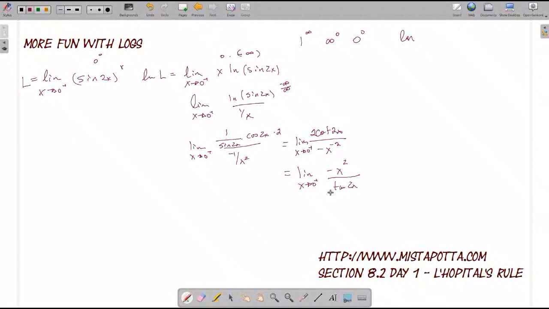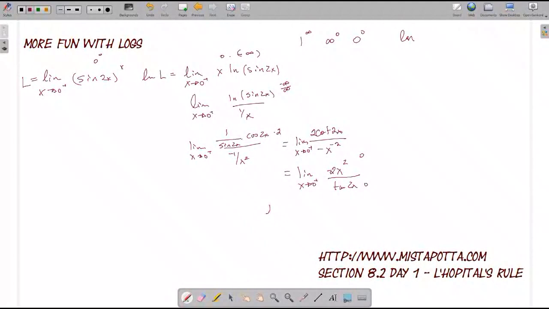So I really could look at this as being negative 2 times x squared over tan 2x. And I can see that this is a 0 over 0 indeterminate form. So I'm going to use L'Hopital's one last time here.